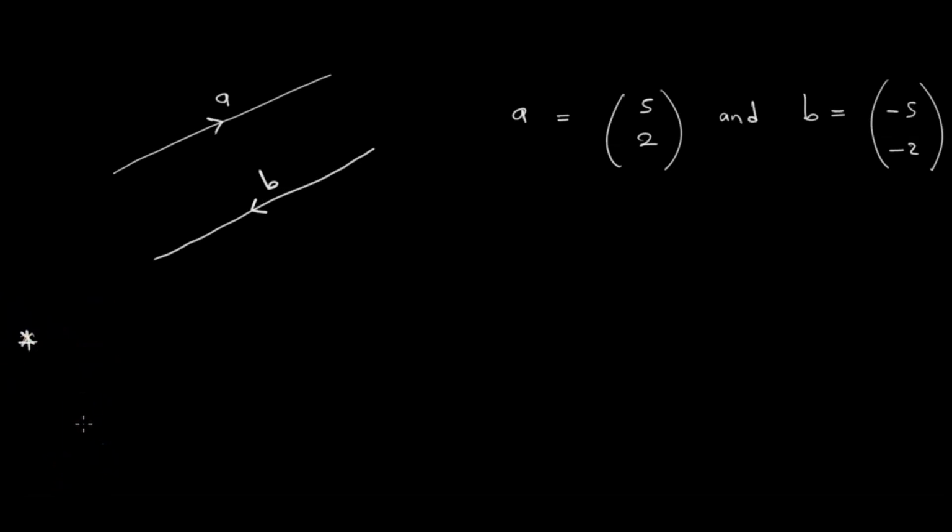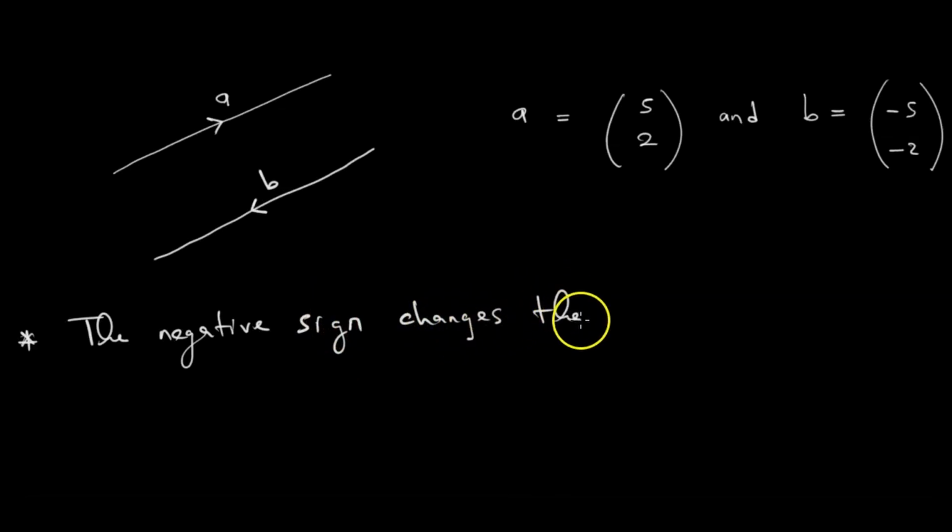This is a very important fact, cannot miss it. We say the negative sign changes the direction of a vector. And when we start doing questions from SimSec and Cambridge, you are going to see the importance of mastering this skill.